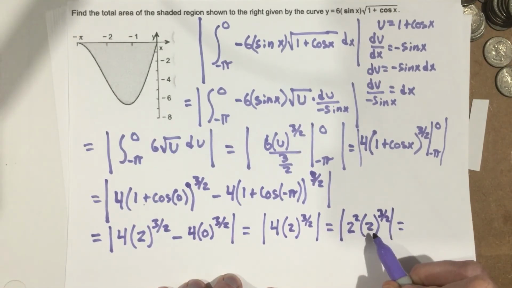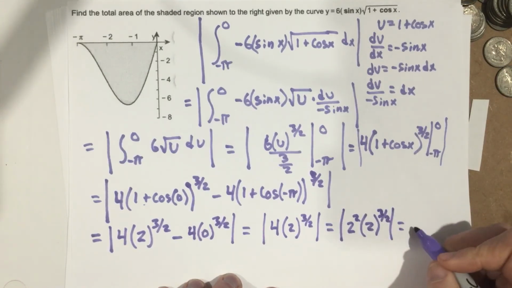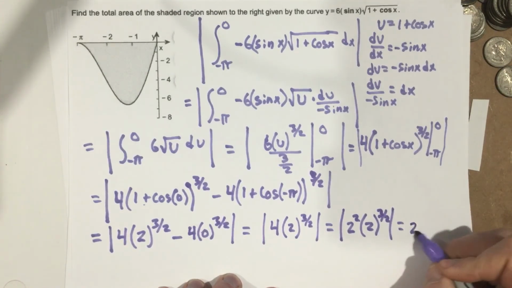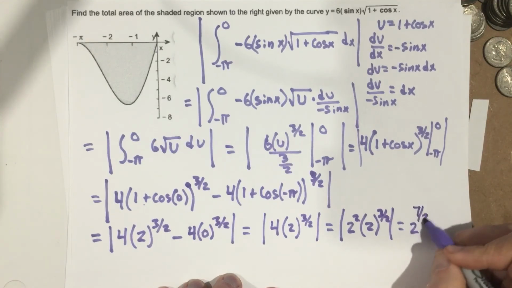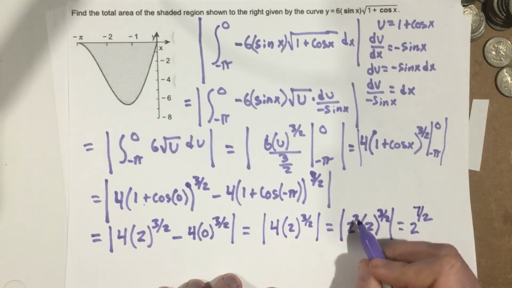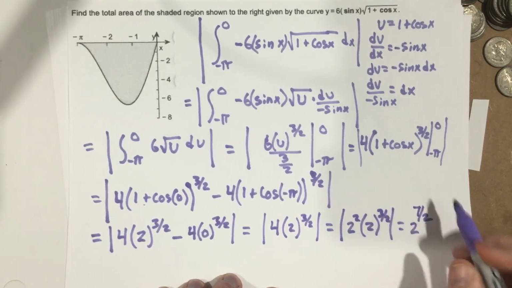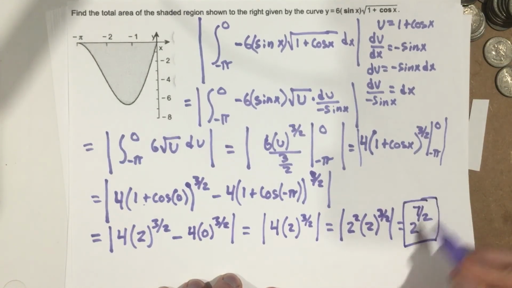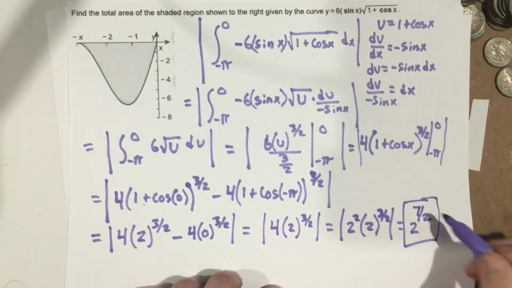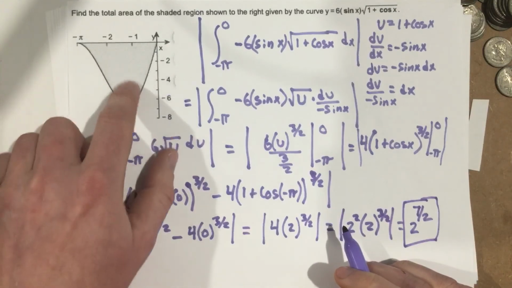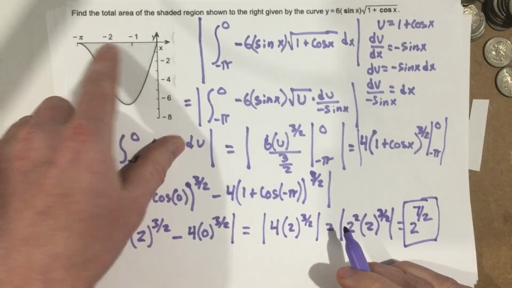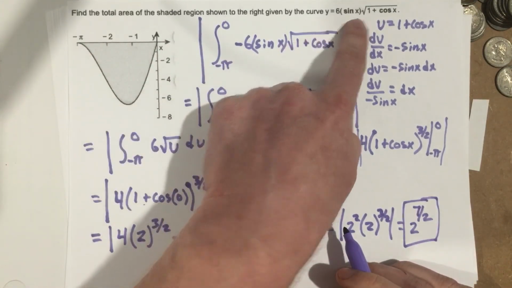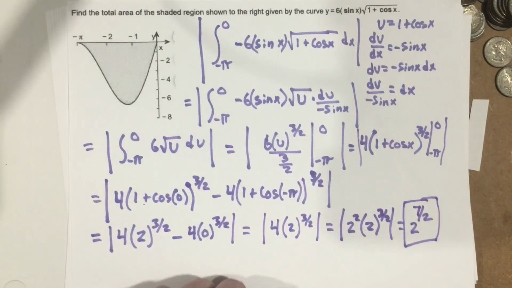And 2 squared times 2 to the 3 halves, they have the same base, so they are going to say that that is, after you take the absolute value, 2 to the 7 halves. Because this is 4 over 2, add that there, you get 7 halves. So 2 to the 7 halves, whatever number you get there, that's the area between this x-axis and this function 6 sine x root 1 plus cosine x.